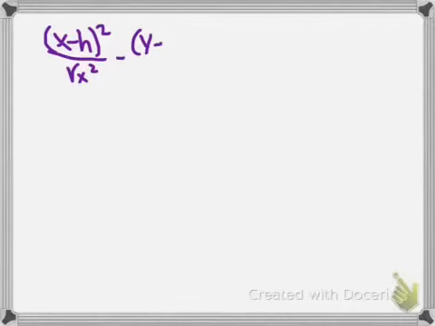Okay, remember from algebra 2, you have your equation for a horizontal hyperbola. Remember, the difference between an ellipse equation and a hyperbolic equation is the fact that the two fractions are separated by a subtraction sign instead of a plus sign.